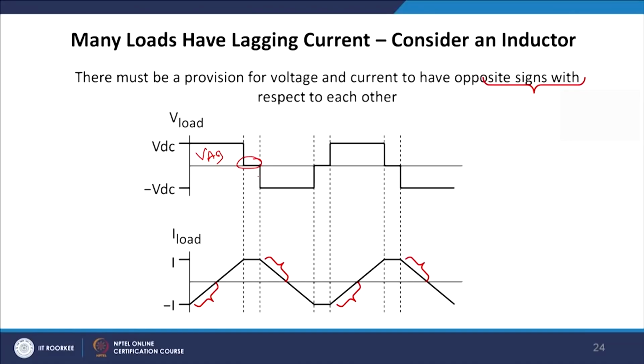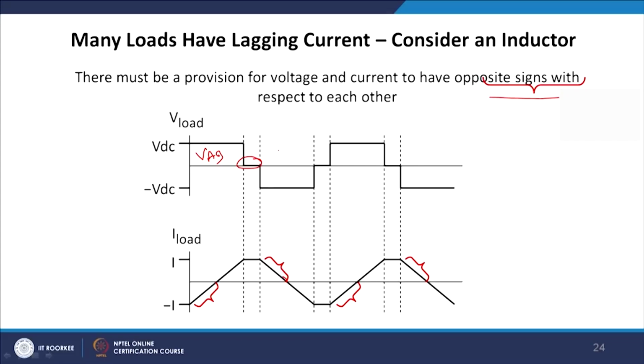What I want to say is that the opposite signs repeat each other. So in this region voltage and current have the opposite sign with respect to each other. Again in this region voltage and current are of opposite sign. So what happens then?